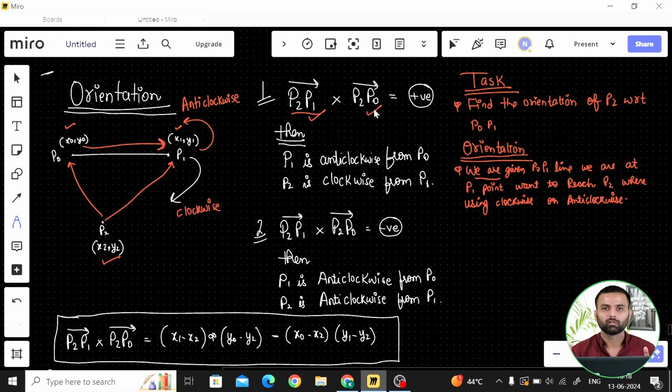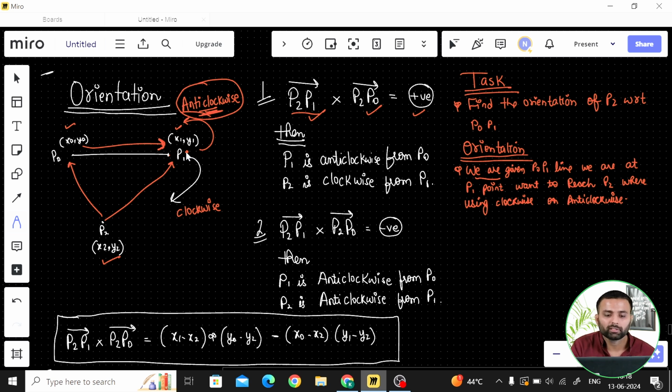If their multiplication is positive, it means that it should intersect. So how can we calculate? I am standing here, and P1 is anti-clockwise from P0. So P0 is anti-clockwise, and P2 is clockwise from P1.